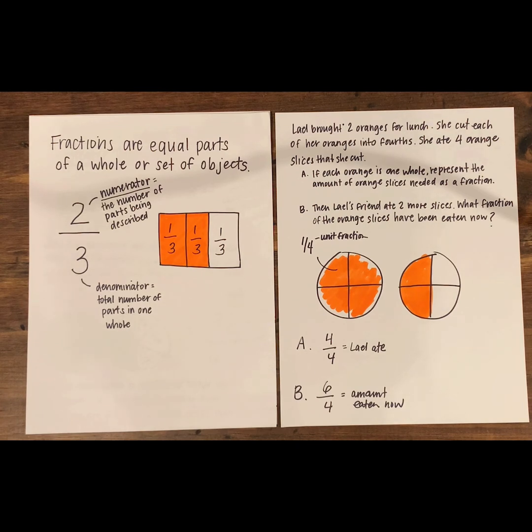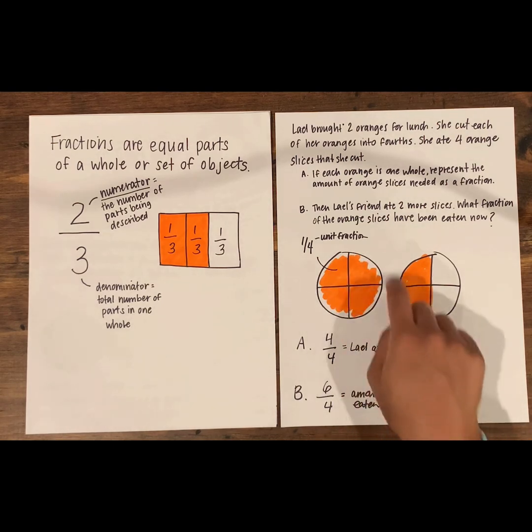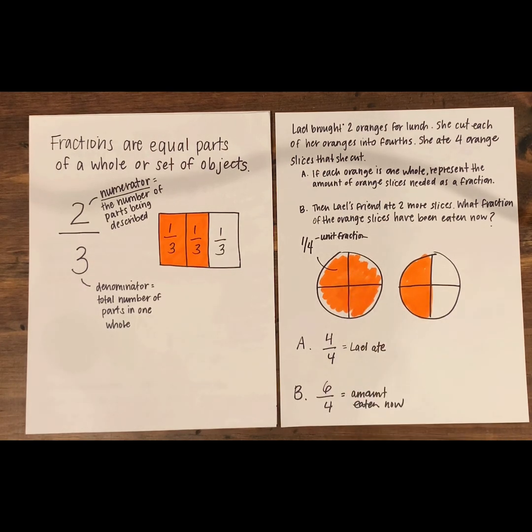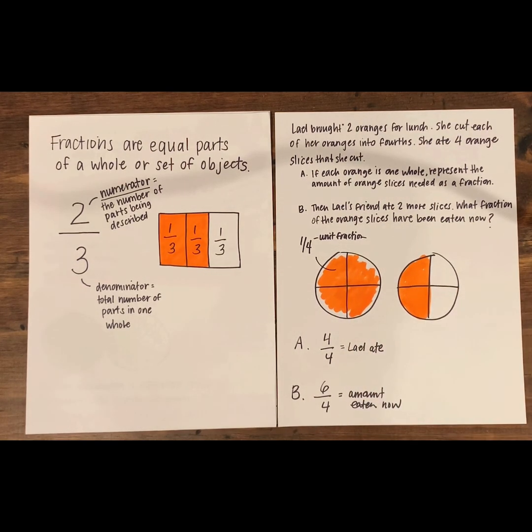Take a risk and share your answers out loud. I heard you say that this means we're talking about more parts than the parts that are in just one whole, so there must be more than one whole.